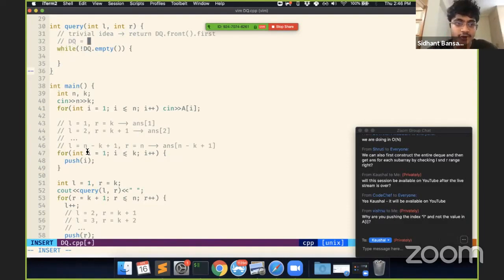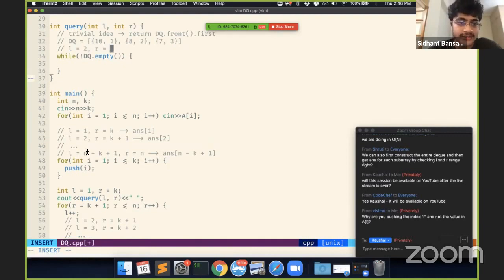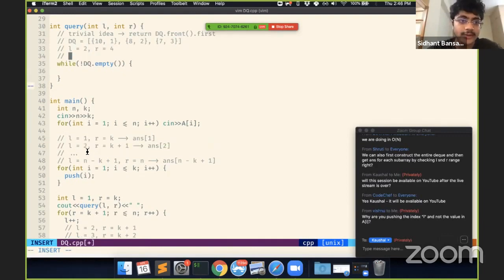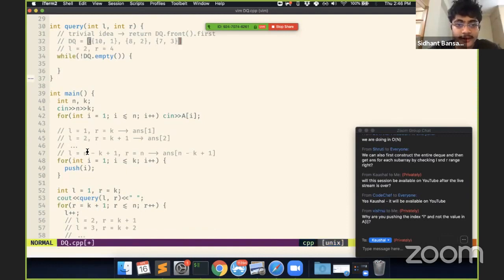let's say your DQ looks like this: 2, 7, 3. And your L is 2, R is, I don't know, 4. Then if you're returning the front, that's incorrect because you'll actually return 10. But 10 is the first element of the array.